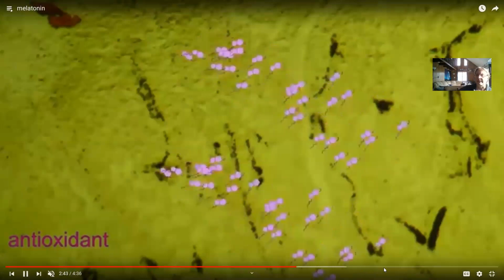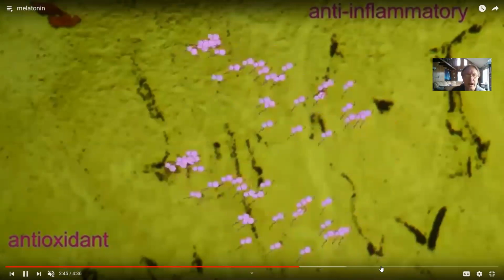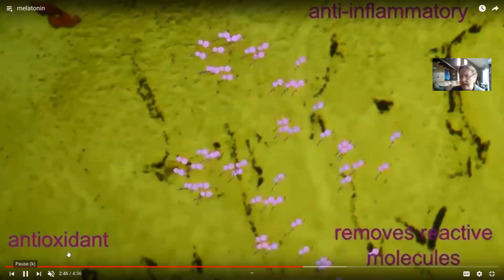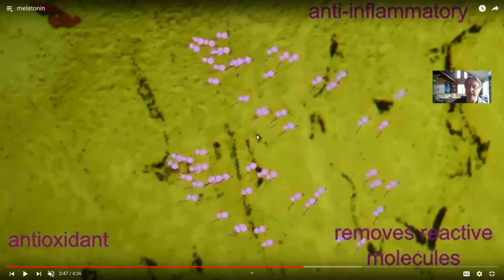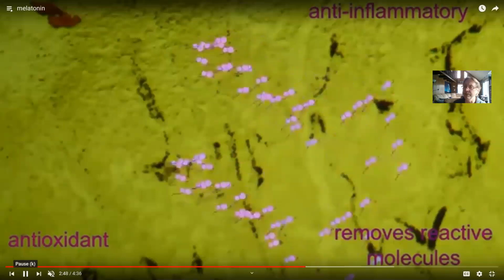And so then your body is told about light versus dark. But it's so much more than that because melatonin has other roles. Melatonin is an antioxidant. That's important for lots of things like decreasing heart disease risk and asthma risk. Melatonin is anti-inflammatory. Melatonin removes reactive molecules. Melatonin will stimulate the immune system.